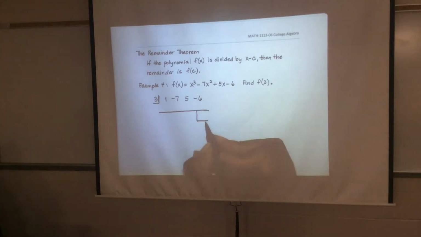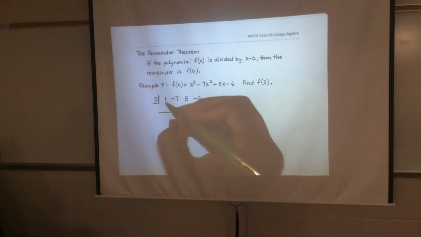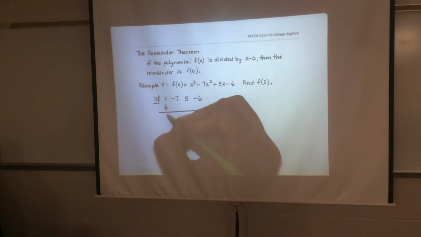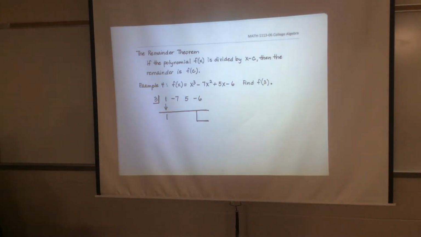Notice I'm going to draw the box to separate the remainder from the quotient, but here we're not going to be dealing with the quotient when we use the remainder theorem. Okay, so I'm going to bring down the leading coefficient, which is the 1, and that's going to go down in the bottom row.